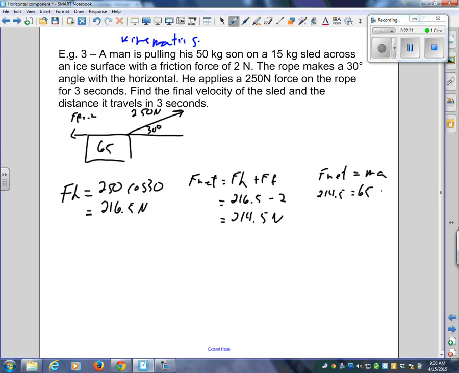Don't mess up that mass. 65? Yep. 3.3. Oh, we're not done. But we're halfway there.